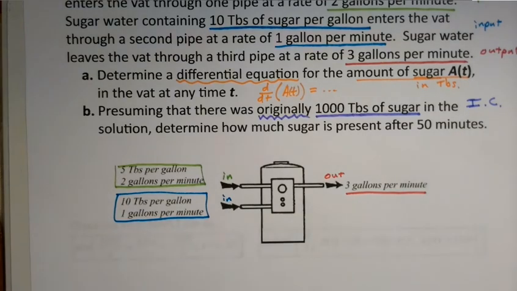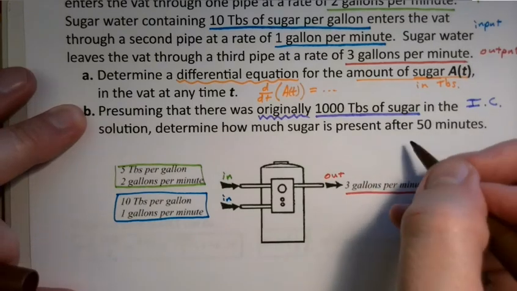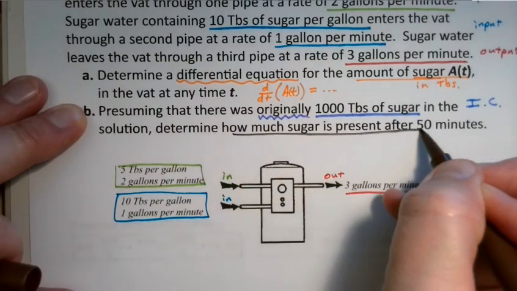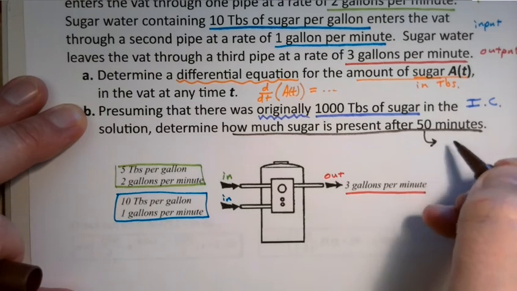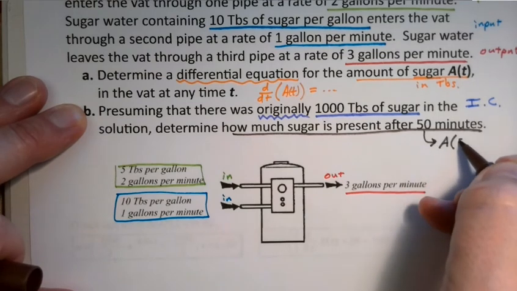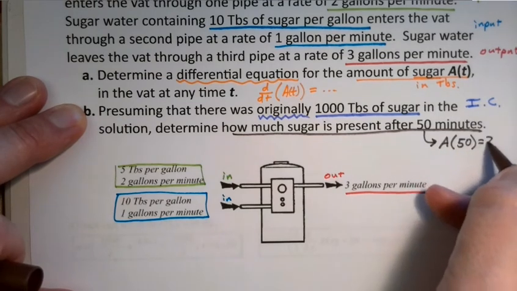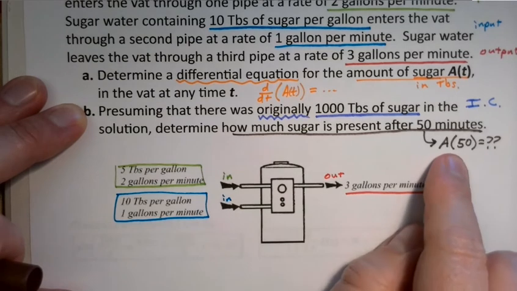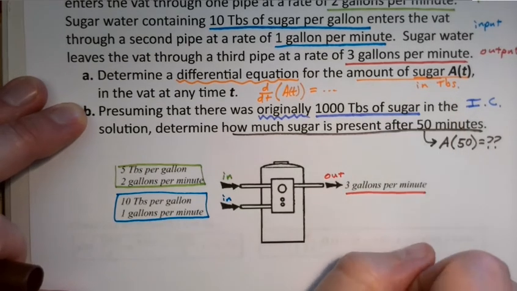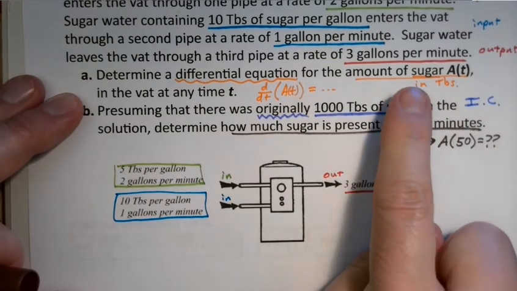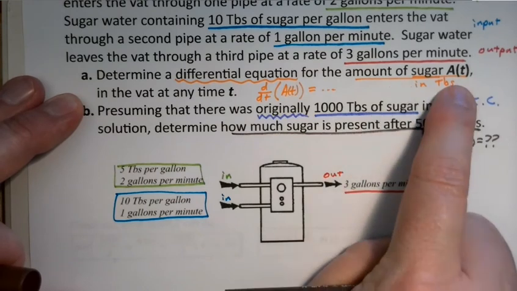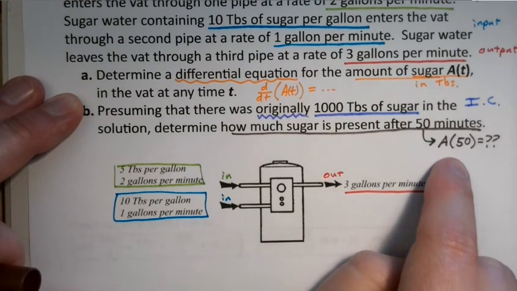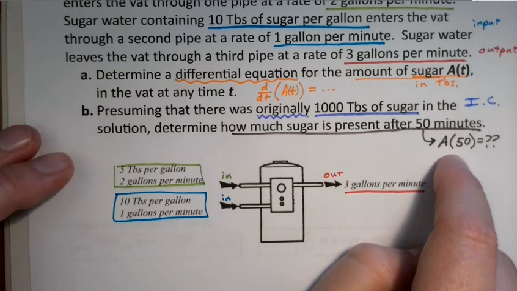And then it's asking how much do we have at 50 minutes. So how much sugar is present after 50 minutes. This is saying, what is A of 50? where A, remember, is the amount of sugar. So we need to come up with an equation that we can solve for A so that we can then plug in 50 minutes and come up with an answer there.